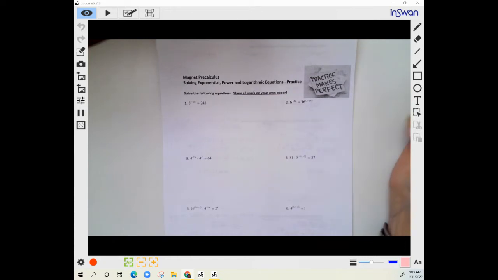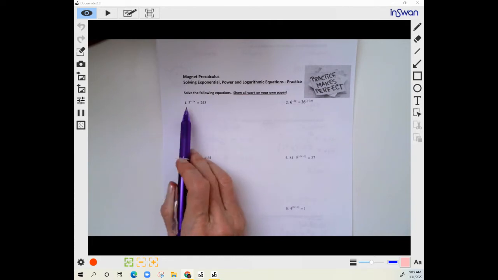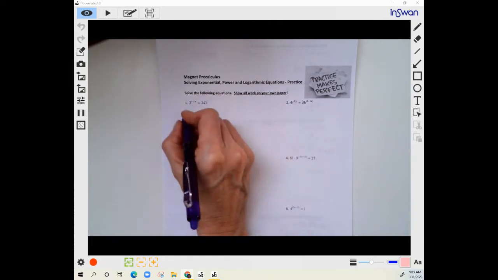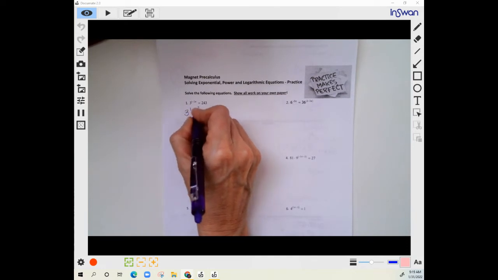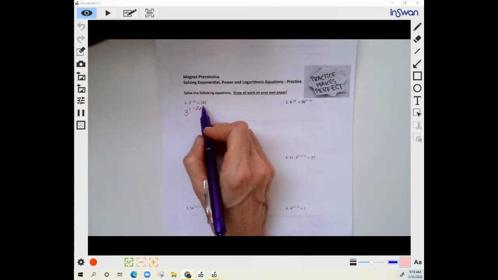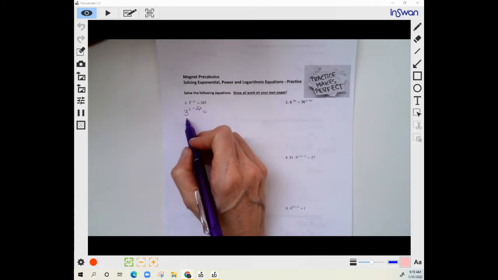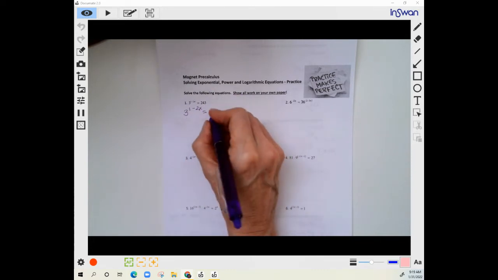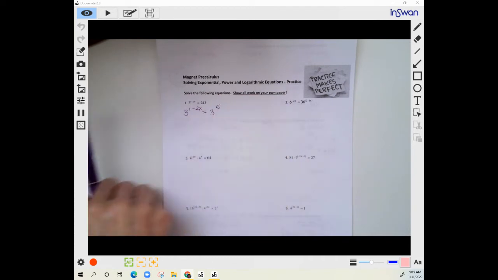Okay, so for the exponential, one type is where it is possible to do some rewriting to make the bases match. So 3's prime, I'm not going to rewrite that. That's going to stay as 3 to the 1 minus 2x power. But I can rewrite 243 with the same base as I have over here, because 243 is 3 to the 5th power.